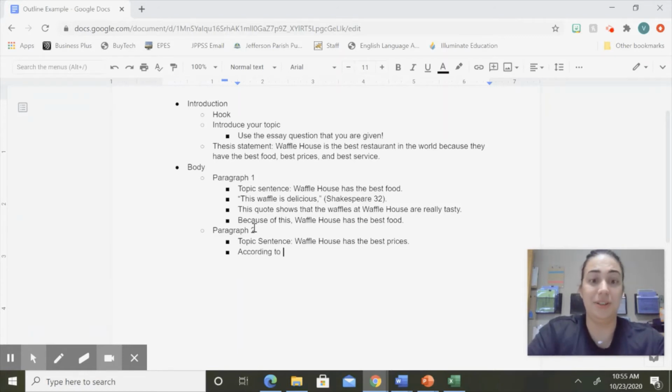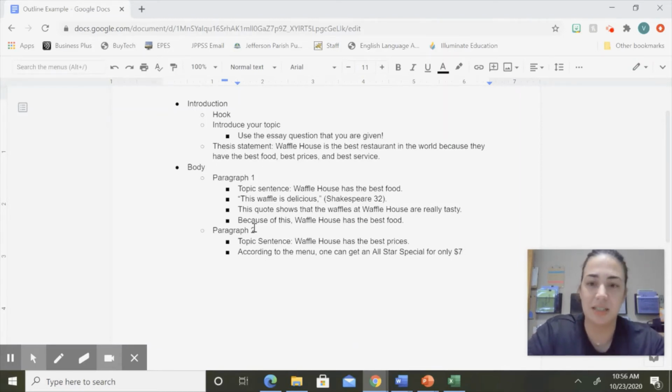According to the menu, one can get an all-star special for only $7. I don't know if that's true. It's probably a little high.